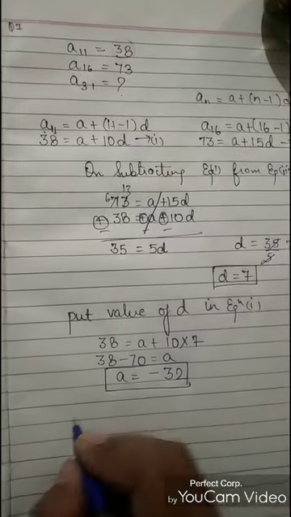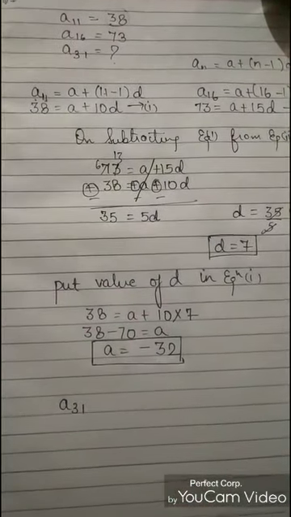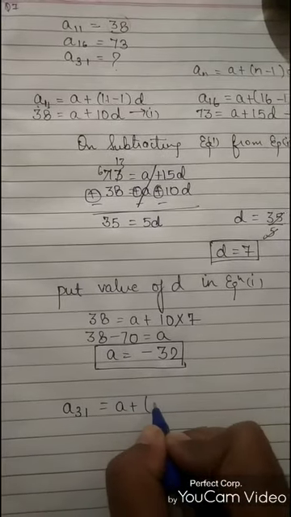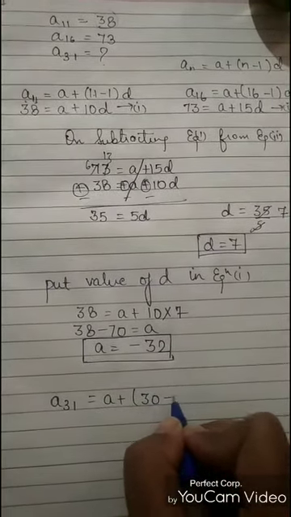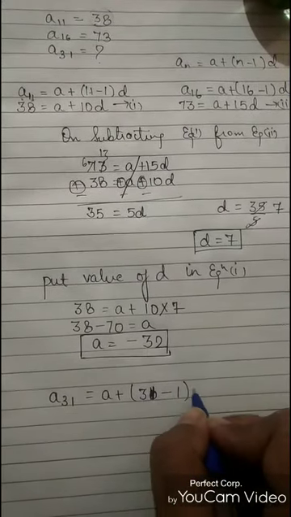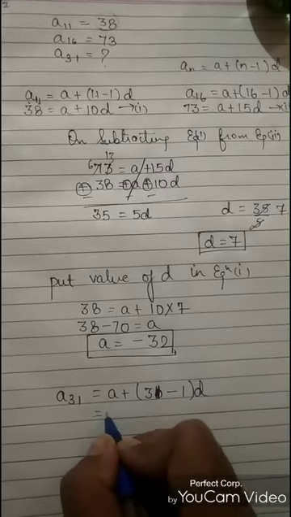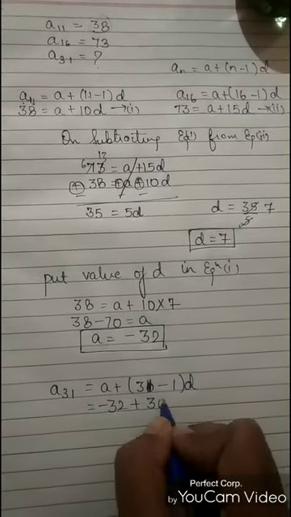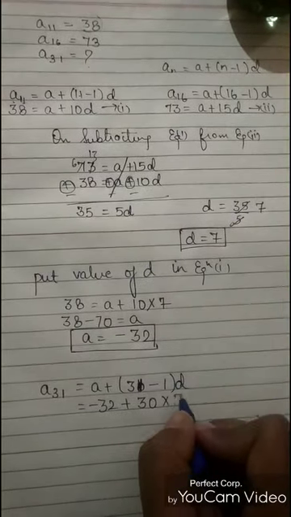Now we have to find A31. So for A31, a plus, what is n? 31 minus 1 into d. What is the value of a? Minus 32. 31 minus 1 into d, d is 7.